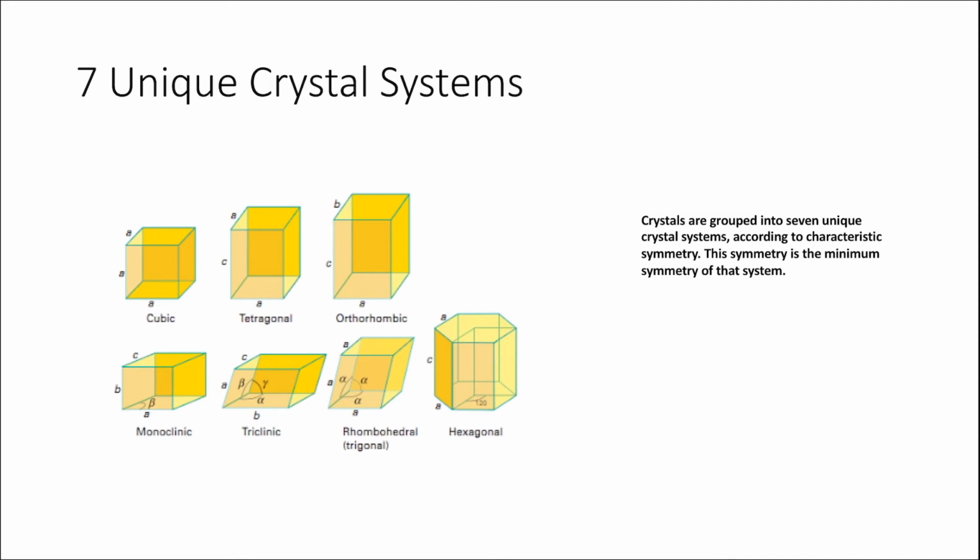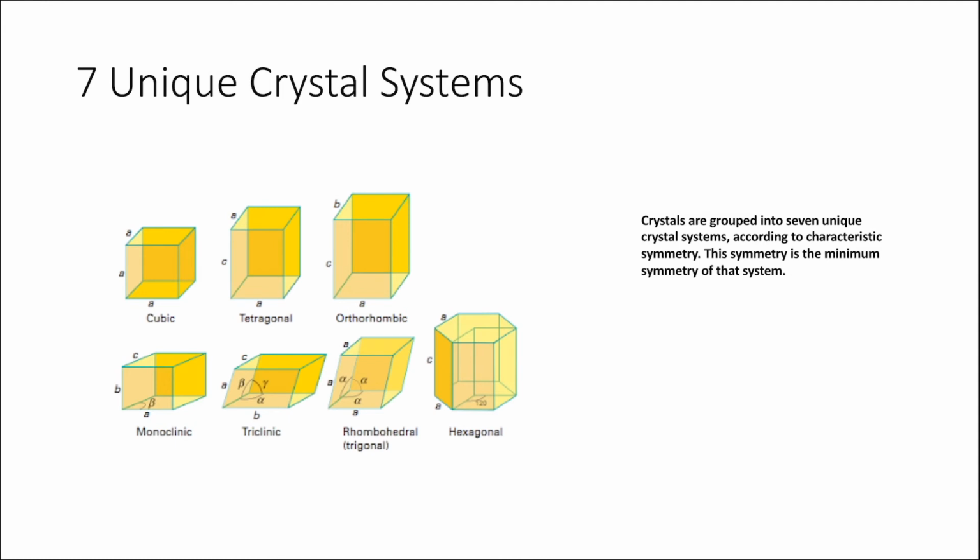I would highly recommend memorizing these 7 crystal systems, because this will help you later down your career path in visualizing and understanding crystal systems and crystallography much better. Again, note that these crystal systems are defined only by the unit cell vectors, that is, the angles between the vectors and their magnitudes.